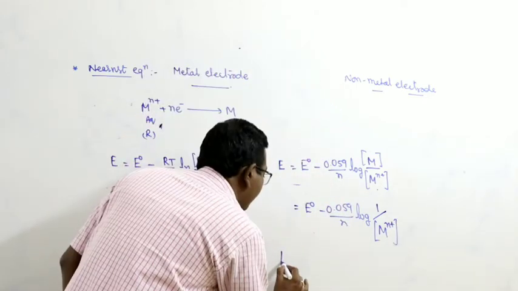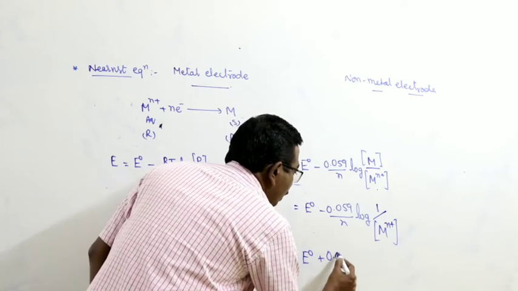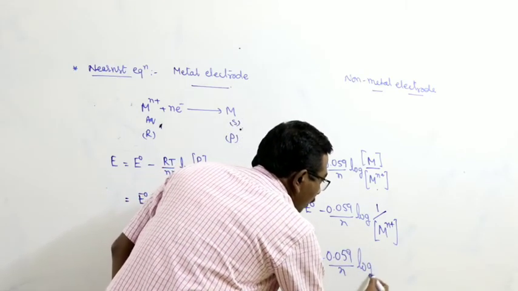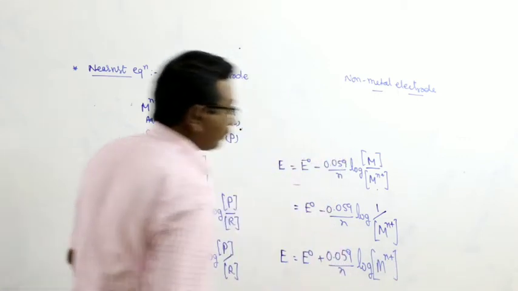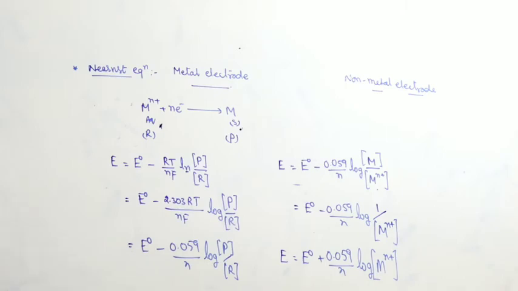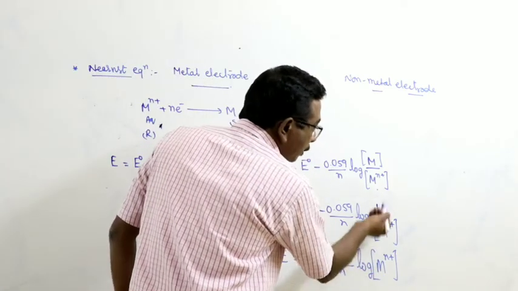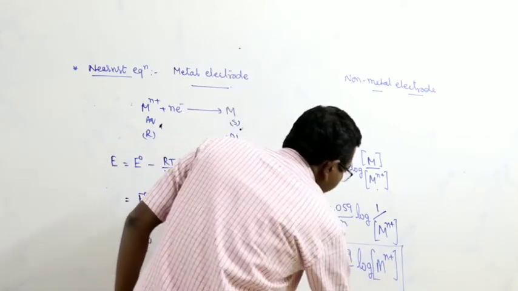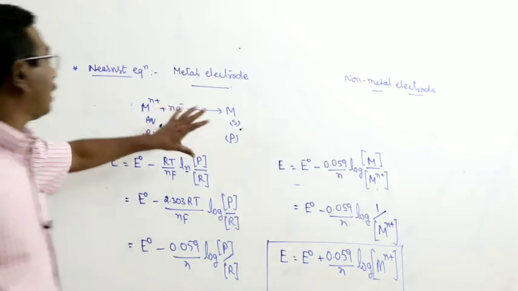From the same thing we can write E is equal to E naught plus 0.059 by n into log concentration of M^n+. Here this is the concentration of ions. By taking it into the numerator, we get the next equation. This is the calculation of the electrode potentials in case of metal electrodes.